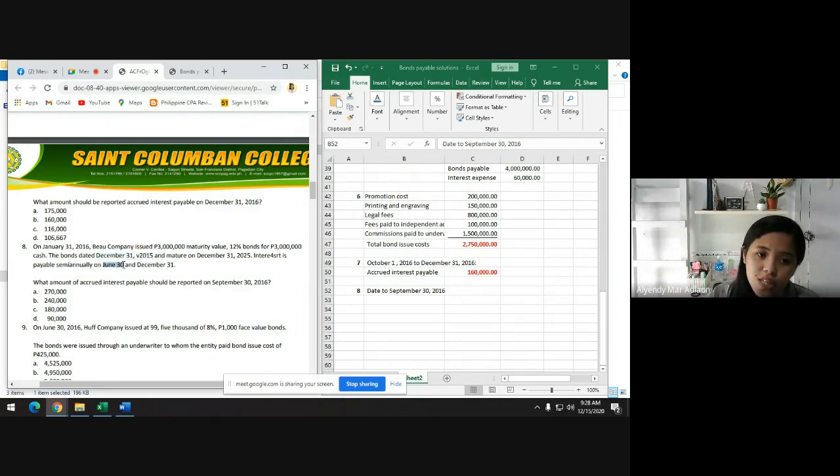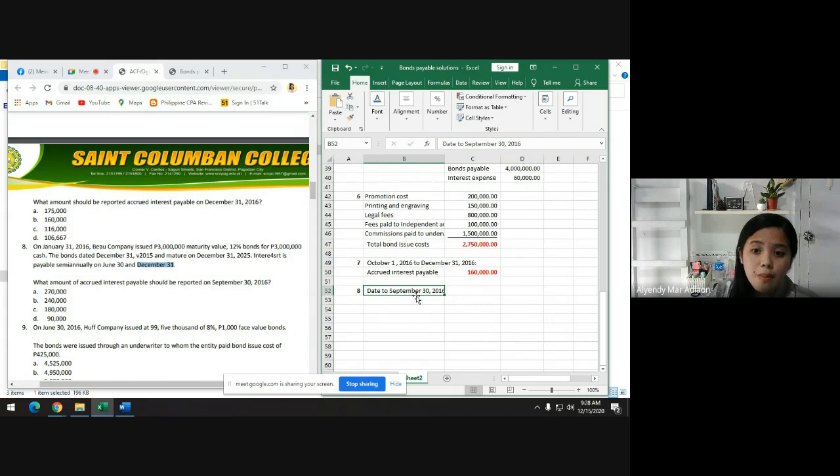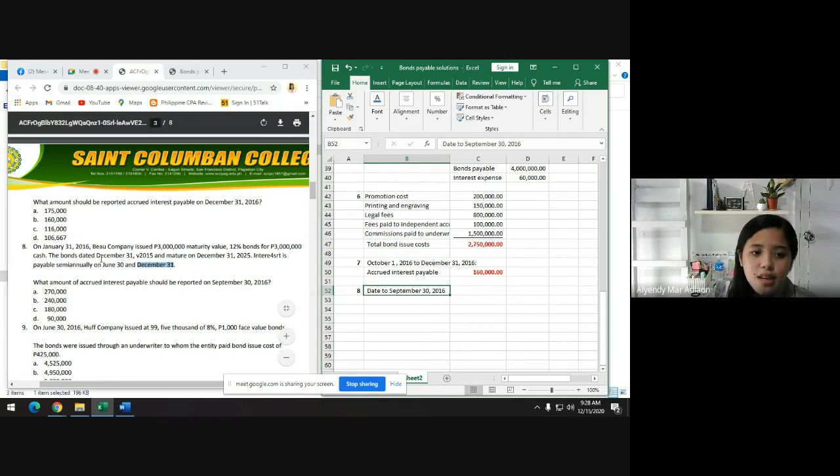So that would be June 30 and December 31. So sugod sa December 31, kano sa man ang first payment? That would be June 30, 2016. Okay? So sa next payment, December 31, 2016. And the question is, as of September 30, 2016, pila daw ang accrued interest payable. So, haman ta magsugod sa December 31, 2015 or June 30, 2016.